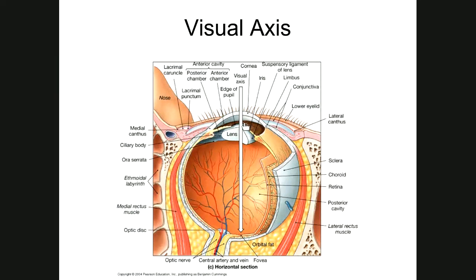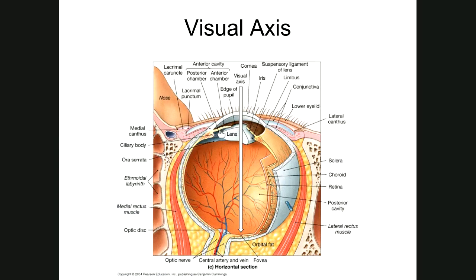The posterior chamber, which is the one on the left there, is the area between the suspensory ligaments, which are right there. Remember, they go around the lens. There's a capsule around the lens, and the back of the iris. So it's a little pocket there. You see where that arrow is pointing. It's between the back of the iris and the suspensory ligaments, which go all the way around that lens.